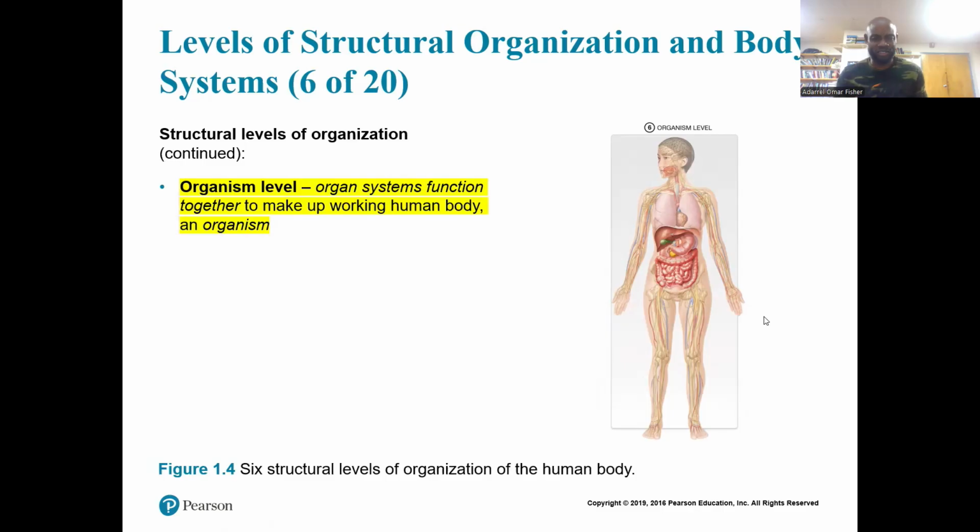You put all of the organ systems together: the pulmonary system, which allows us to breathe, the cardiovascular system, which allows us to transport blood, the muscular system, which allows us to move, the skeletal system, which allows us to stand and to have support and protection, the digestive system, which allows us to take in nutrients, the urinary system, which allows us to remove metabolic waste, the nervous system, which controls a lot of the body, the endocrine system, which controls the body through hormones.